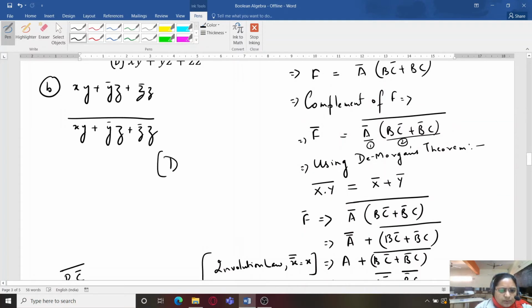So using De Morgan's theorem, that is in this form, x plus y whole complement. So here we are going to take it this way.